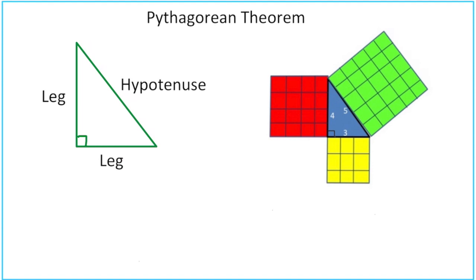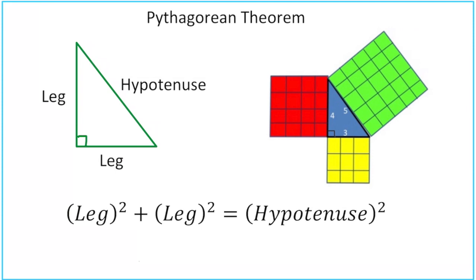If you add those up, you get 25, which is the amount of squares coming off the hypotenuse. So this can be written as leg squared plus leg squared equals hypotenuse squared. Or if you want to abbreviate it, you can just call it L squared plus L squared equals H squared.